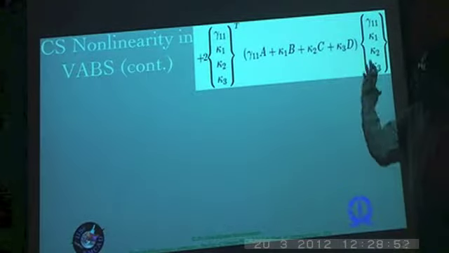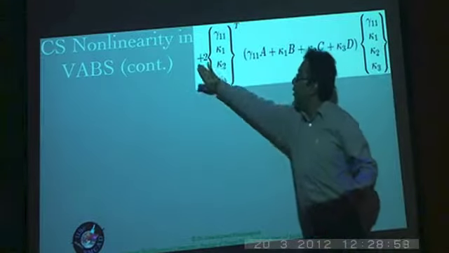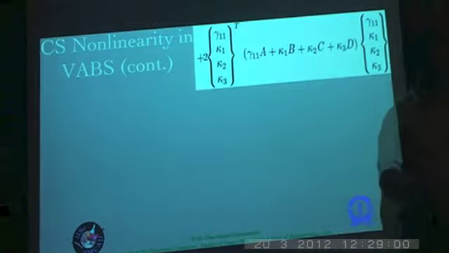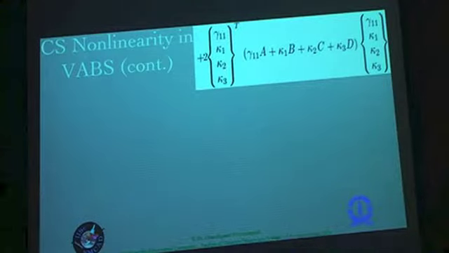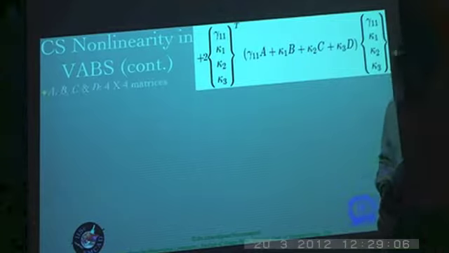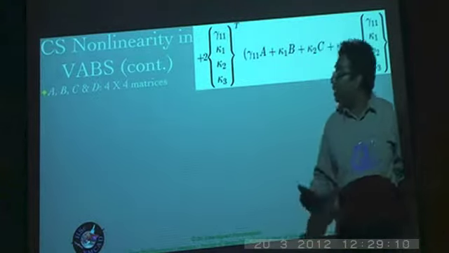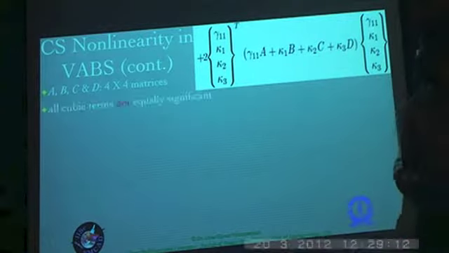Let's go next. As far as continuing with that, the cross-sectional nonlinearity in WAPs, we saw that it's basically by adding a particular term, which consists of cubic contributions to the one-dimensional strain energy density, or in other words, the energy per unit length. So these A, B, C, and D, as you observed in the previous slide itself, are 4x4 matrices.